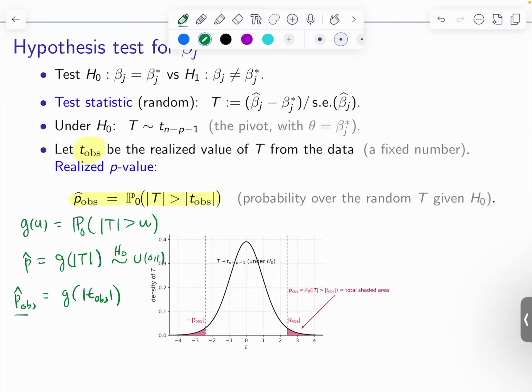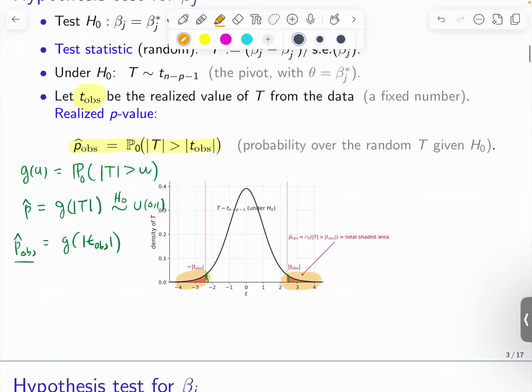So this is going to be a number, and this really is the probability that the t distribution is more extreme than what we observe. So we are basically evaluating the probability mass in these two tails: the observation under the null, the random variable being above this observed absolute value, or below the negative absolute value.